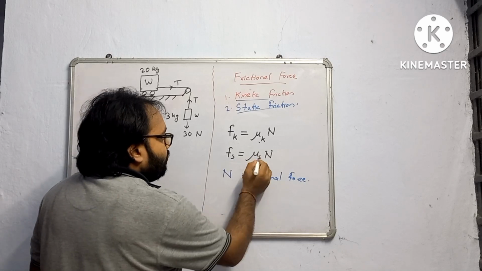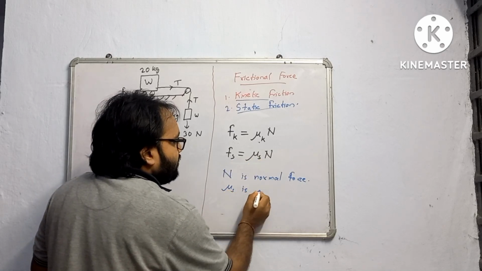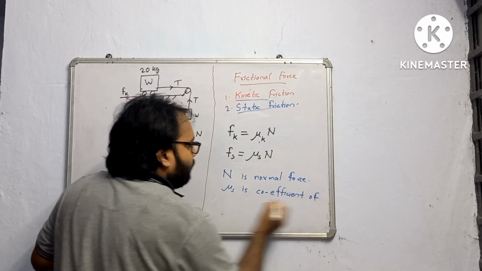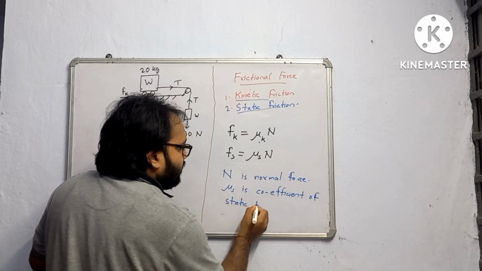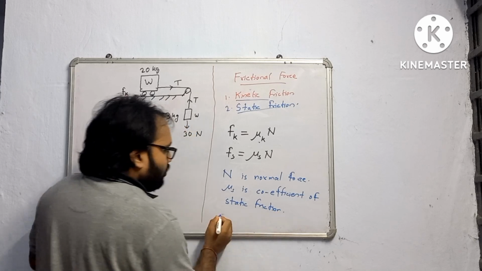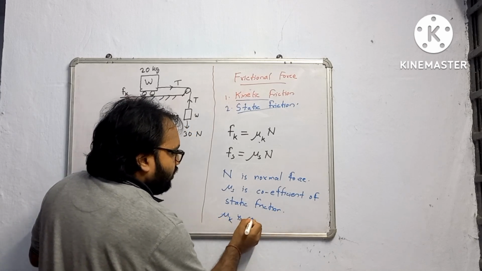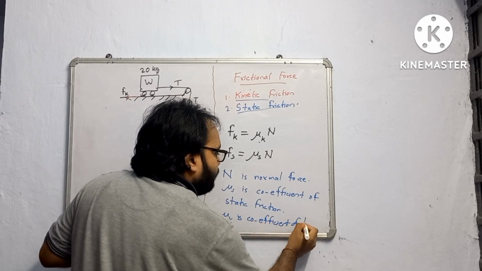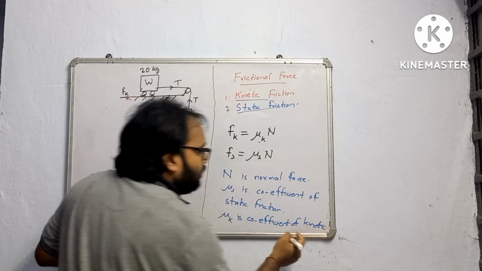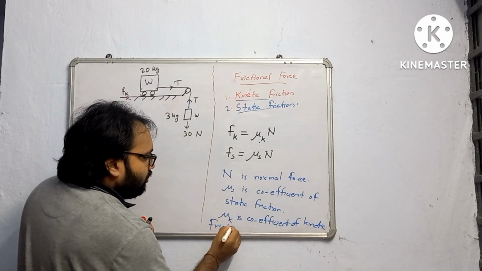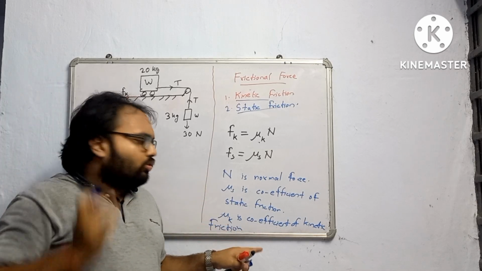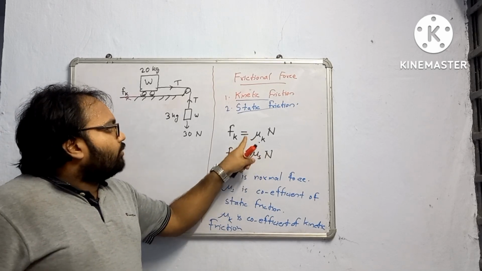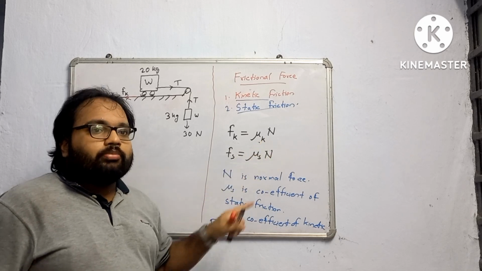Mu s is the coefficient of static friction, and mu k is the coefficient of kinetic friction. In both formulas we are multiplying the coefficient with the normal force.